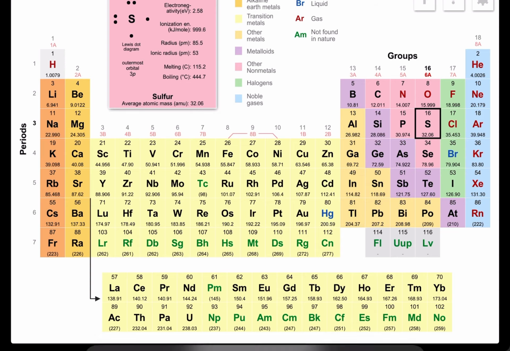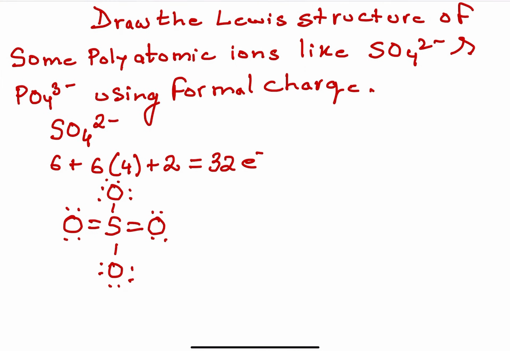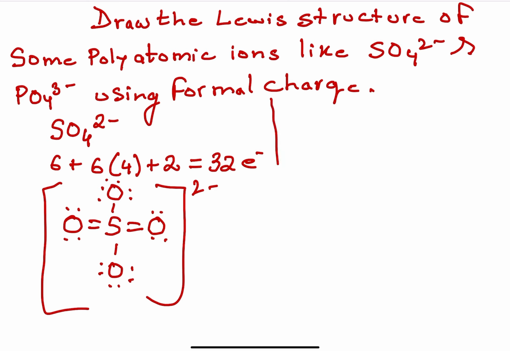Sulfur comes in group 16, and since it comes in group 16, sulfur has an expanded octet, so it can have more than 8 electrons. Therefore we used double bonds. Now this is the Lewis structure of the sulfate ion.